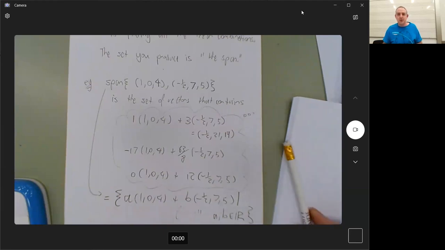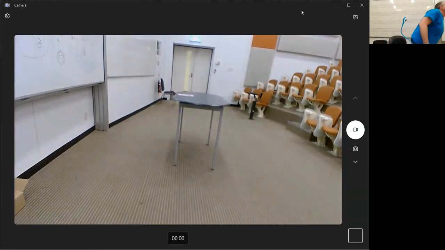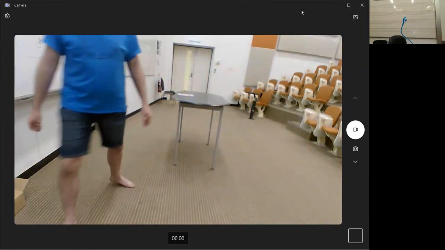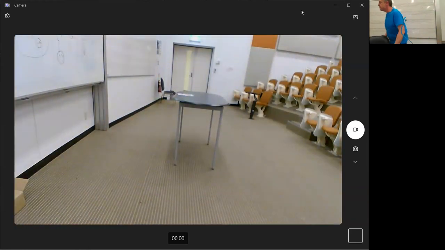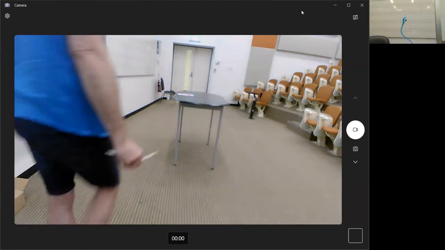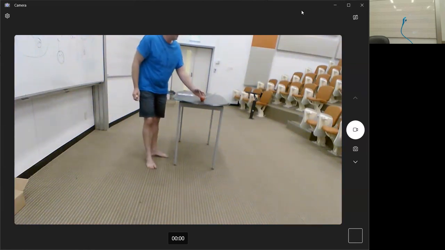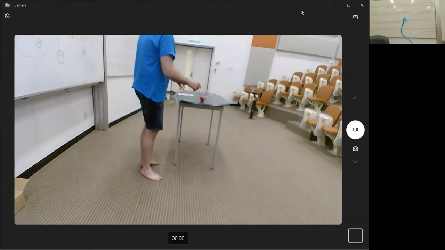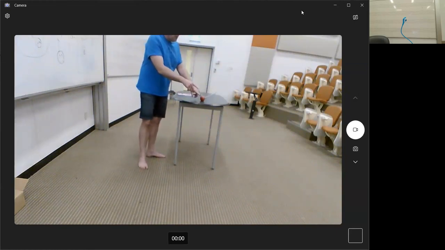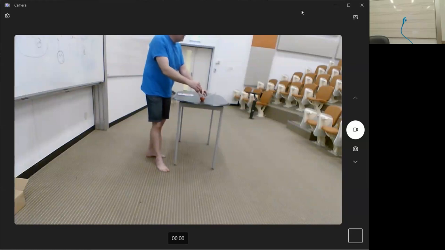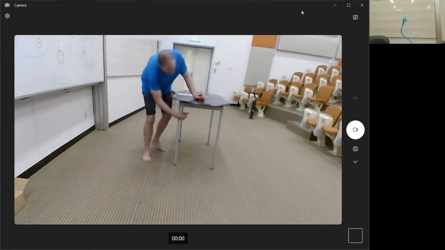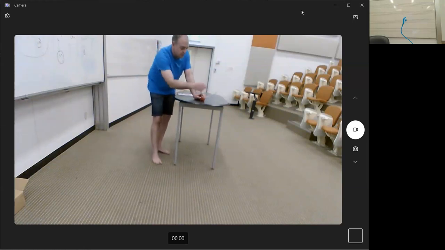So let us imagine what that looks like. Didn't bring any Play-Doh. Just a second. This will do. There's one vector, and there's another vector, right? And the span of these two vectors includes this vector, 2 of this vector, 3 of this vector, -6 of this vector, this one plus this one, which ends up there.